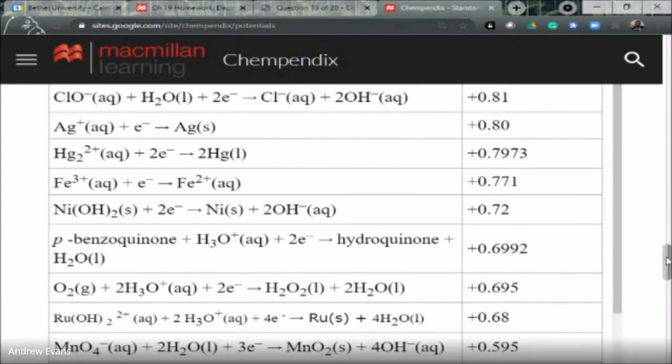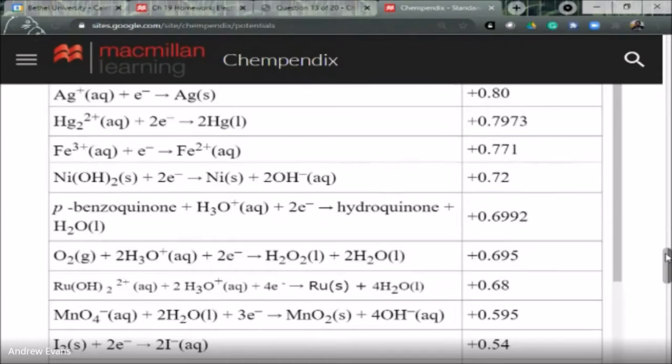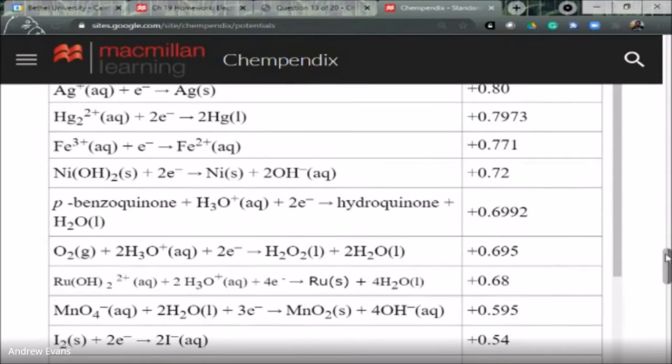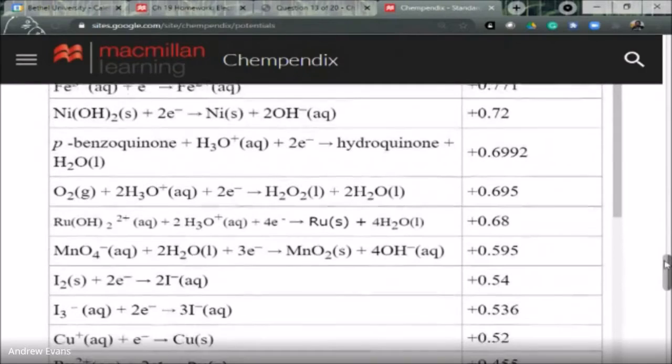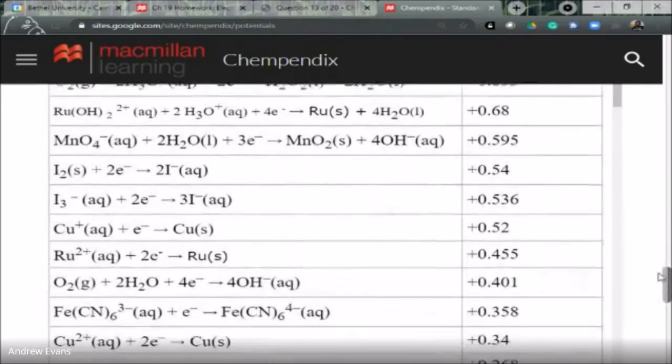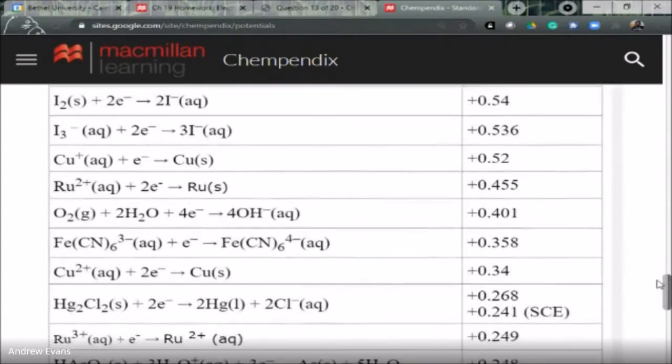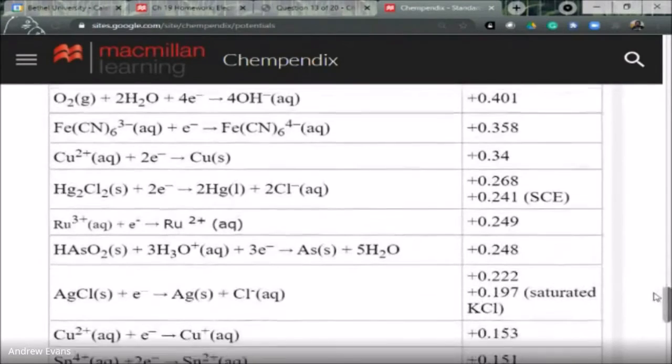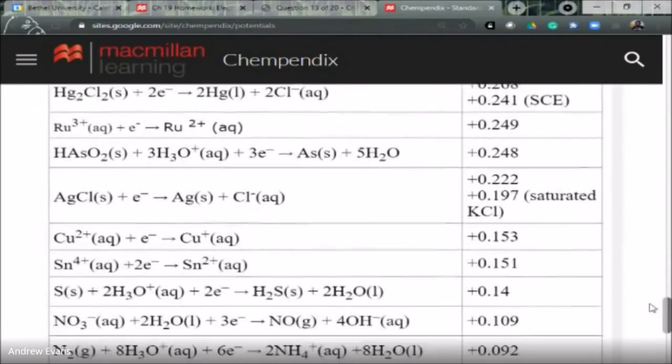So you need something that is below silver, but above zinc. So looking here, we're looking for cobalt, calcium, and bromine. Cobalt, calcium, and bromine. We have scrolling down.